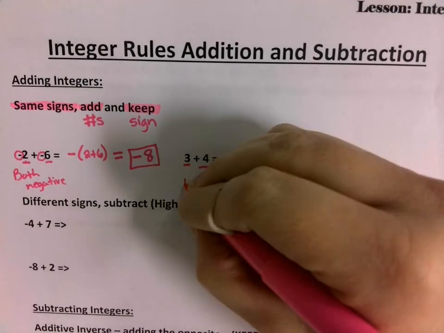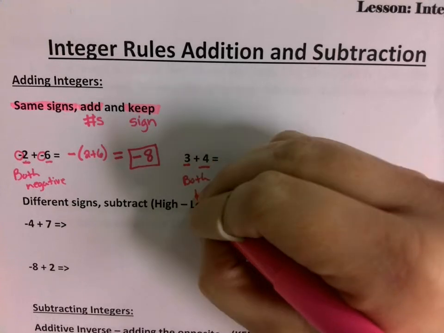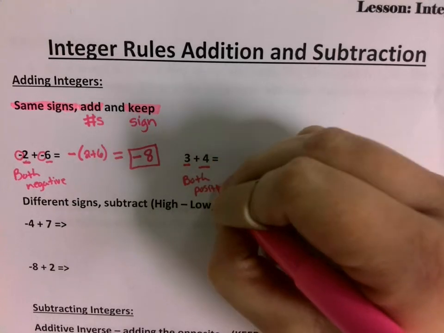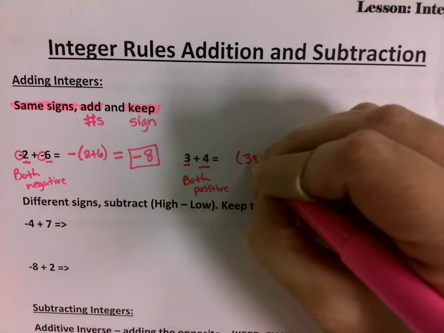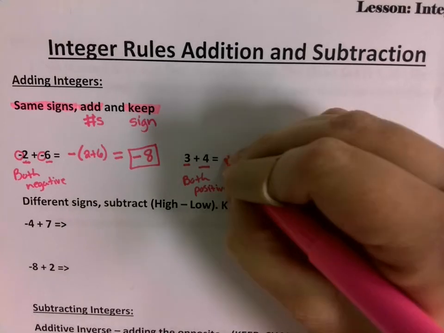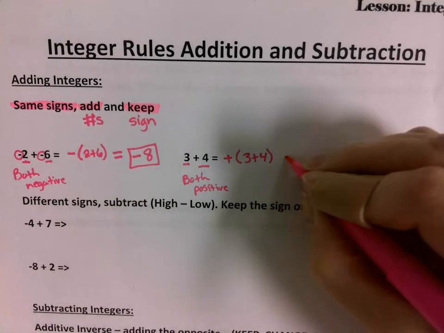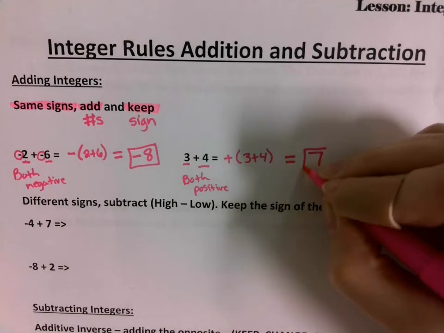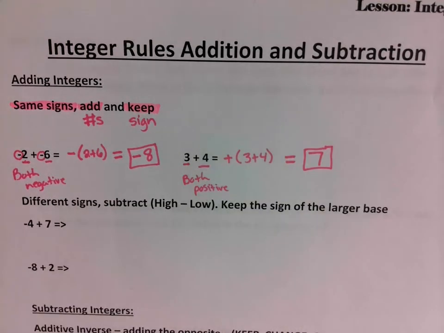So all I'm going to do is add the 3 and the 4 together and keep my answer positive. So that's a +7. I don't have to write a plus sign in front of it, but if you wanted to, that's fine. But when you are doing an IXL or a Prodigy, if it's a positive value, you just type the number. If it's a negative value, you type the negative sign or the subtraction sign followed by the number.